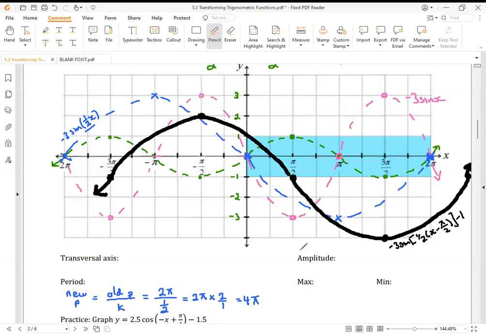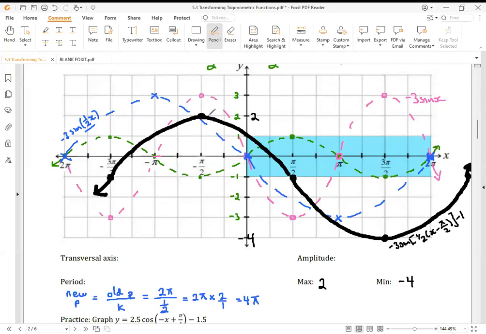I will offer a couple of equations, or formulas rather, but the transversal, aka the mid-axis: if our maximum is a 2 and our minimum is a negative 4, where's my midline? There's a formula for that. And you remember from grade 11? I feel like all teachers give it. I have never used it because I've always made mistakes.